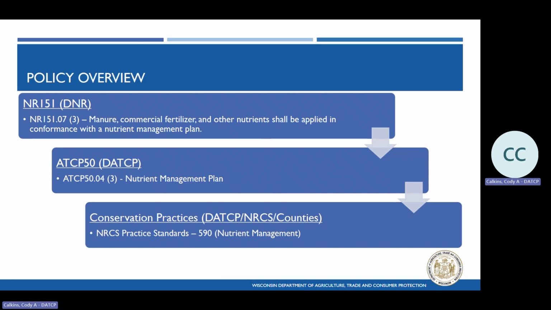So over here at the Wisconsin Department of Agriculture, we have our administrative rule, ATCP 50, which says that in order to meet NR 151.07, you shall meet it through ATCP 50.04, developing a nutrient management plan. And how we do that here in Wisconsin is we follow the NRCS's, the Natural Resources Conservation Service, 590 Conservation Practice Standard for nutrient management.